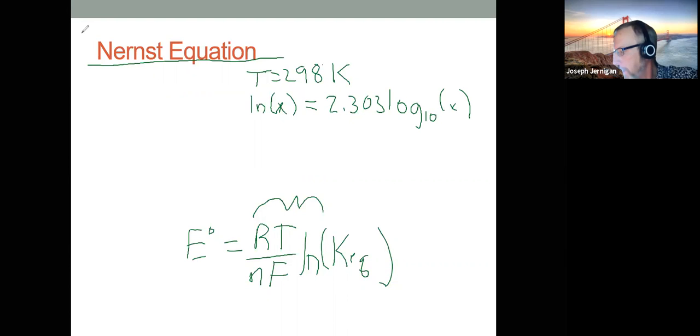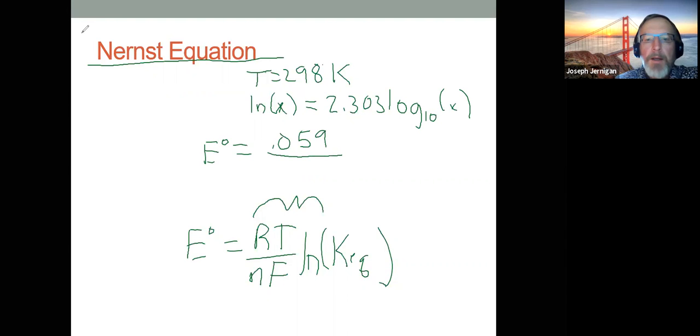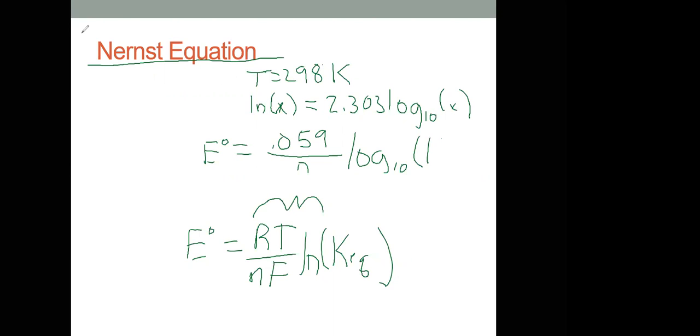If you do that, then you get E0 is equal to 0.059 over N log, base 10 log, of K EQ.